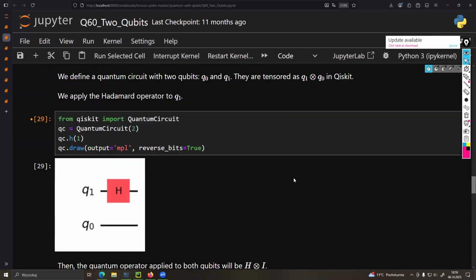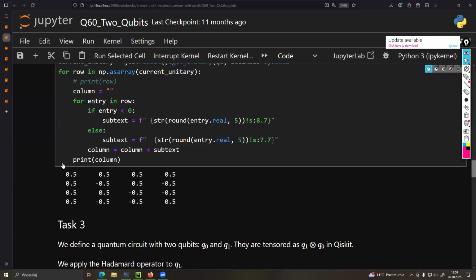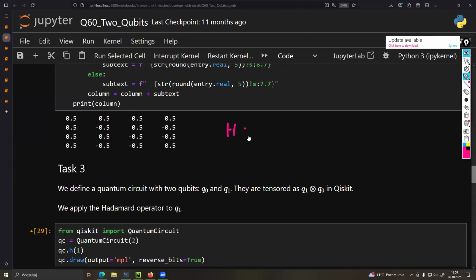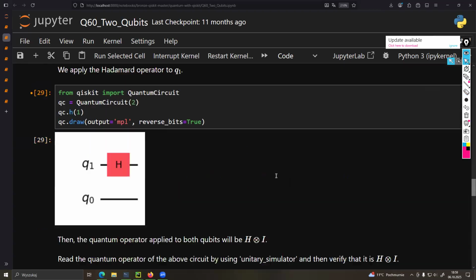The implication is very straightforward. So in H tensor H, every single entry is 1 over square root of 2 multiplied by 1 over square root of 2, which is 1/2, right? And there are some entries that are negative based on our tensor product.